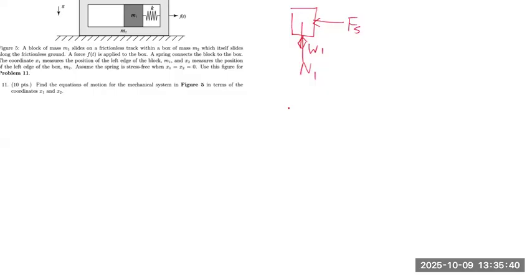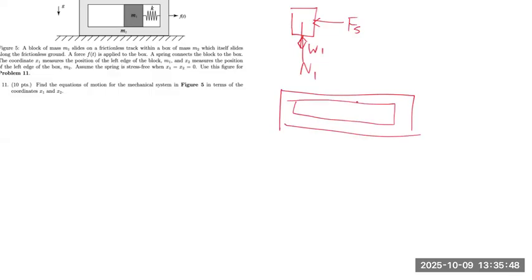What about for the outer portion? We know that this block is going to have a weight associated with it, W2. And there's going to be a normal force acting down on the block from the weight of the first block. And there's going to be a normal force N2 acting up on the block from the ground.